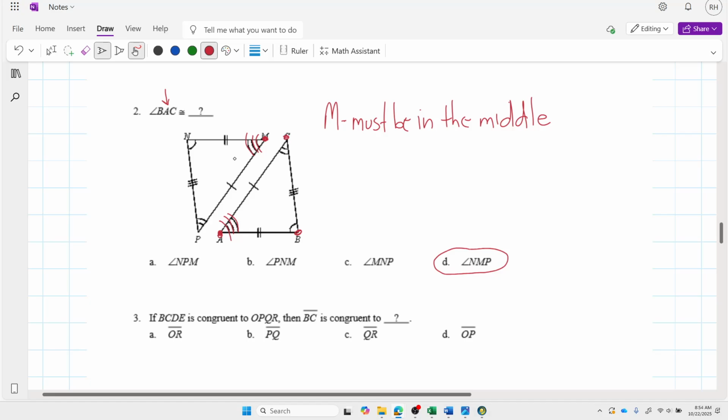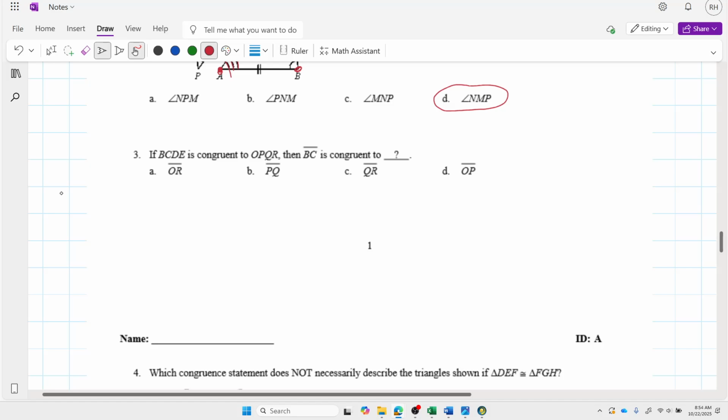The congruent angle must have the vertex in the middle of the description. And again, you can use this congruence statement to answer this question. There is no picture.